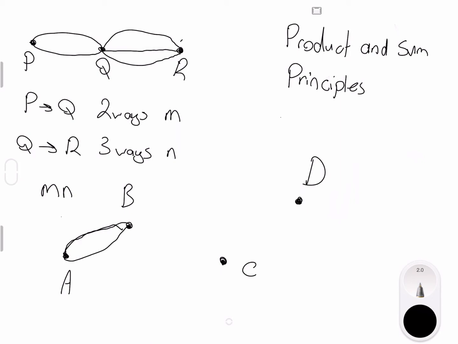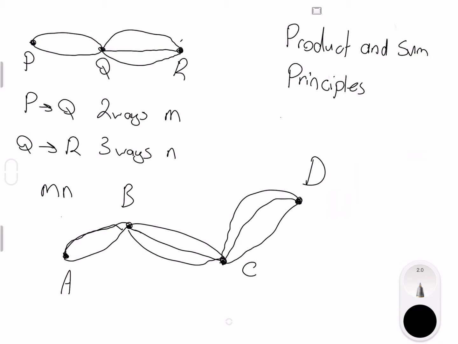That's not the best drawing, but anyway. One way here, let's add on three ways, and from C to D, let's make five different ways. How many ways in total is there from A to D?